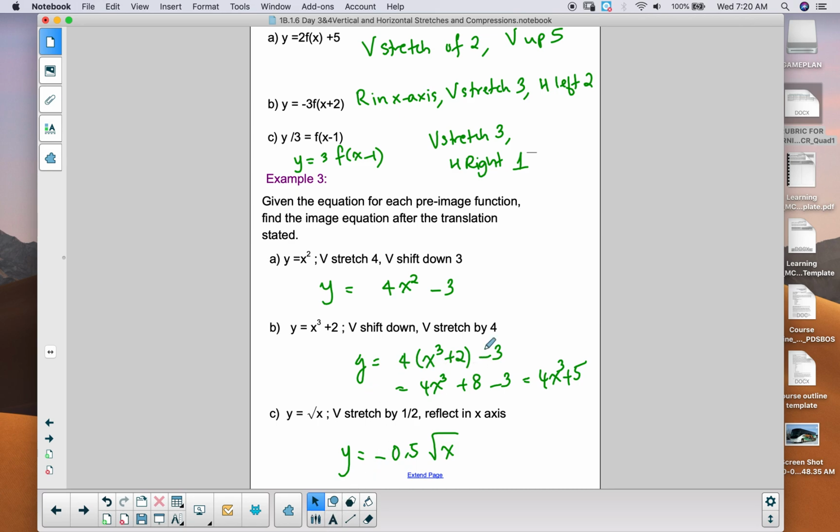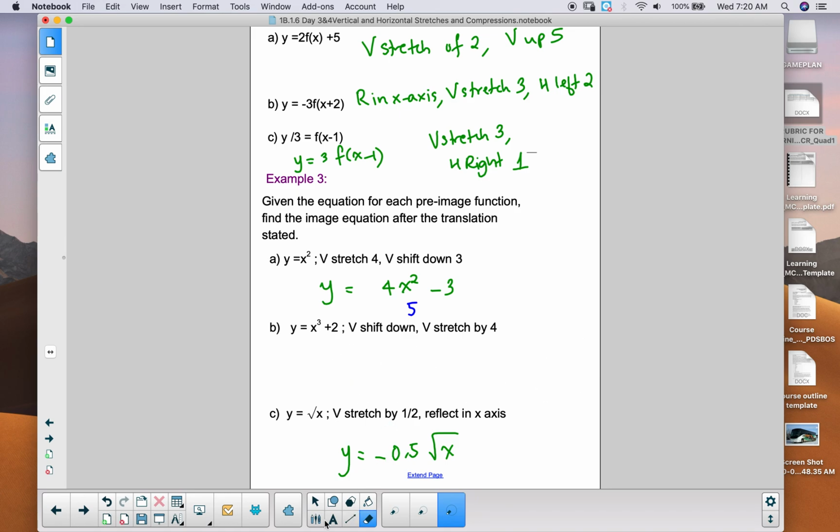this one here is vertical shift down by, we have -3 here, so it should be y equals 4 times x cubed plus 3. Let's make it vertical shift down by 5 units, okay? And then just change the answer here. What would it look like?